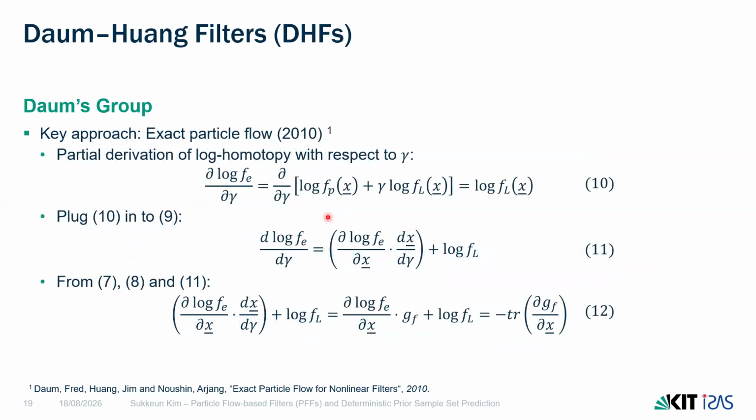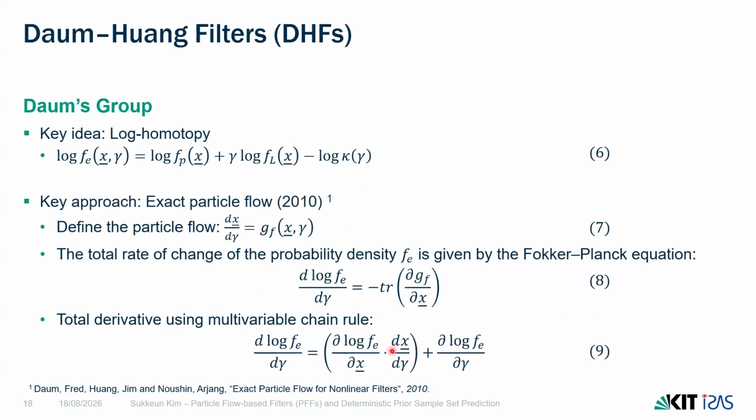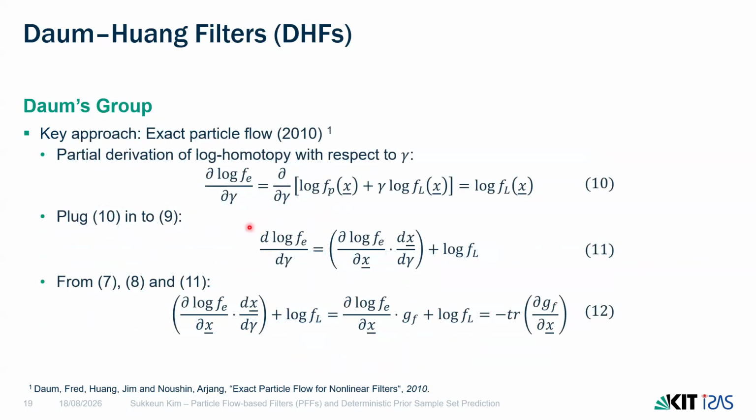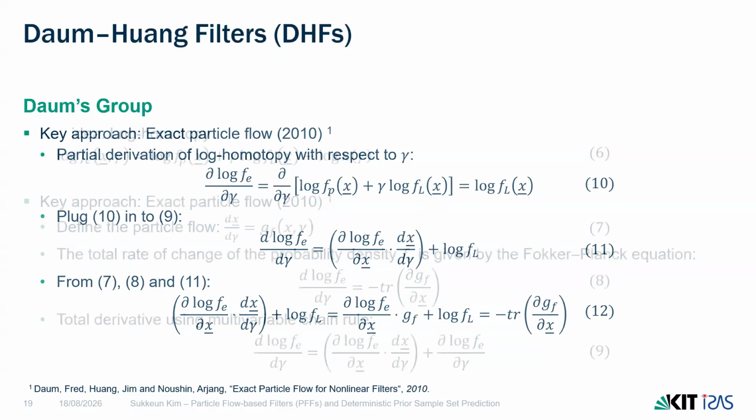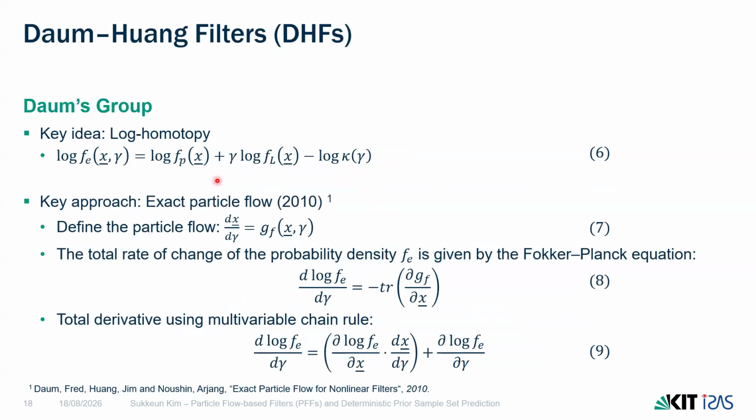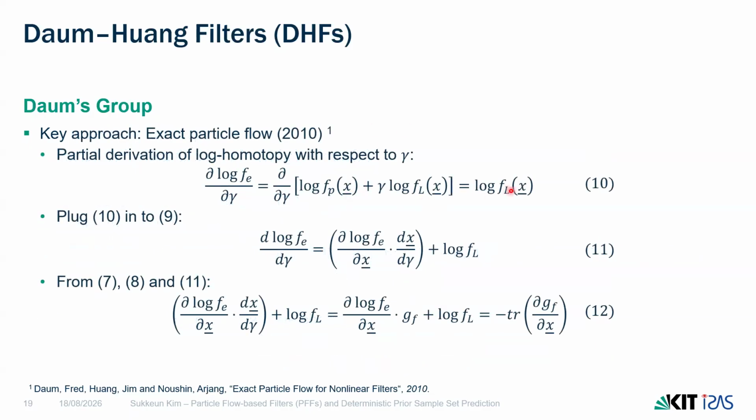What we want to find is dx d gamma, so we do some tricks. We take a partial derivative of the log homotopy with respect to gamma. The prior is not a function of gamma, but the likelihood has a gamma, so it will just give the log likelihood.